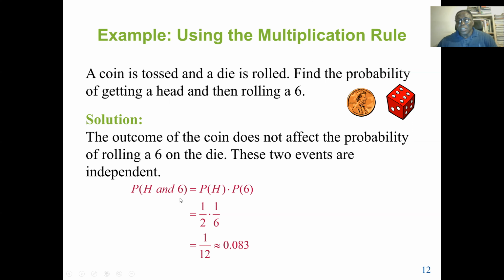But the next one is times 1/6, because rolling a die, we have 6 sides. So if I want number 6 to come or 3 to come, then it will be 1 value over the total possible values in the die, which is 6. So here the answer will give us 0.083.